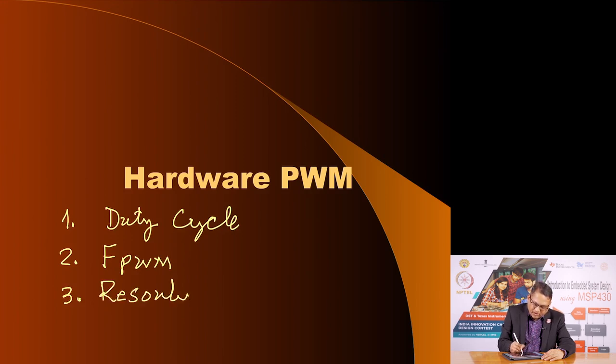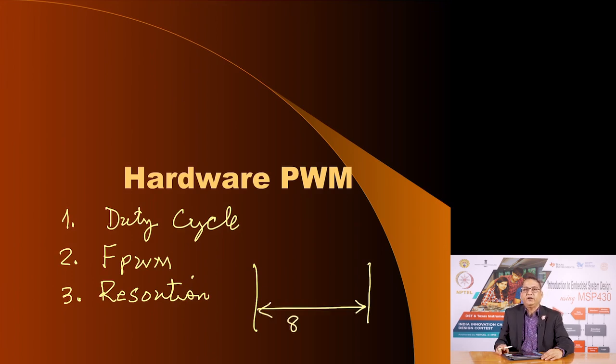Resolution meaning what is the minimum variation in the duty cycle that you can achieve in the entire period, which means if I have an 8-bit counter, my 8-bit counter has 256 possibilities. So, I can only change the duty cycle one count in 8 bits, one count in 256 counts.